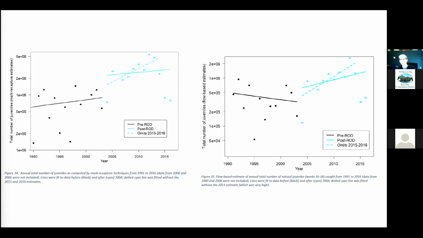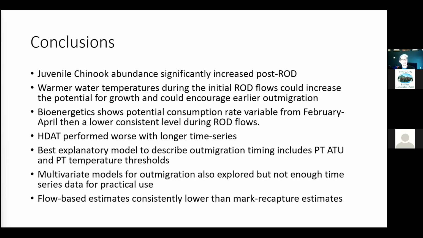But this only goes up to 2016, and we know 2017, 18, and 19 were all pretty low abundance spawning years, so that might be a reason why. It's hard to make these assumptions with only such limited points in a highly variable population. So, conclusions from this.